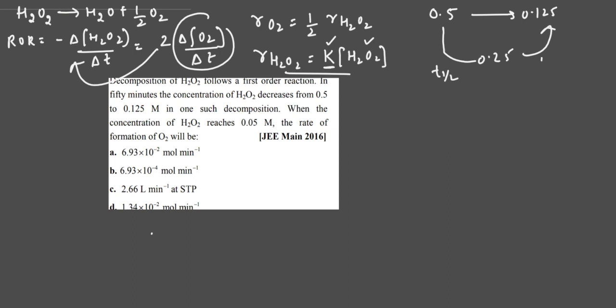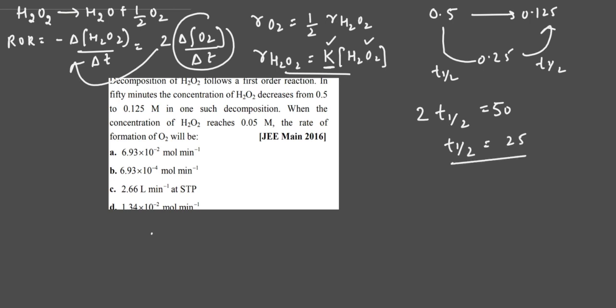So two half-lives are involved in this change, which is equal to the total time given to me. In this question, this change from 0.5 to 0.125 is happening in 50 minutes. So two half-lives equal 50 minutes, and one half-life is equal to 25 minutes.